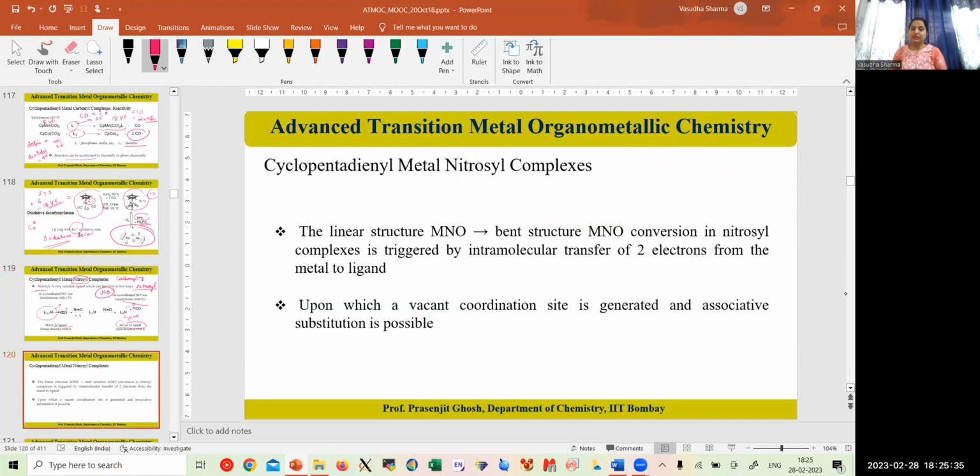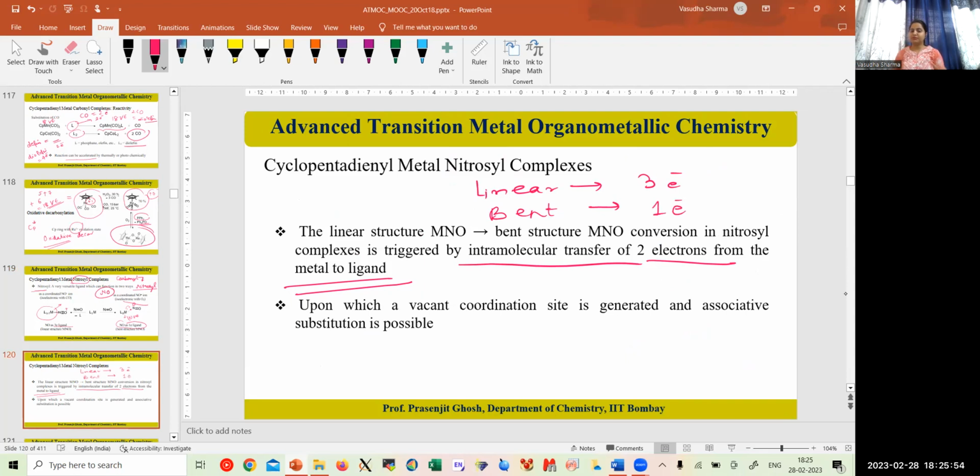Some more points: linear structure MNO to bent structure MNO conversion in nitrosyl complexes is triggered by intramolecular transfer of two electrons from the metal to the ligand. As you have seen, in linear it's a three electron thing, and in bent it is one electron.